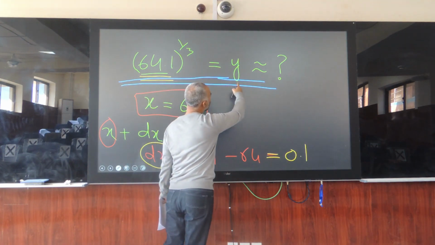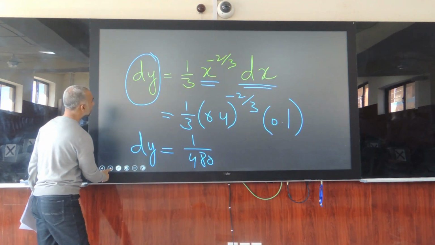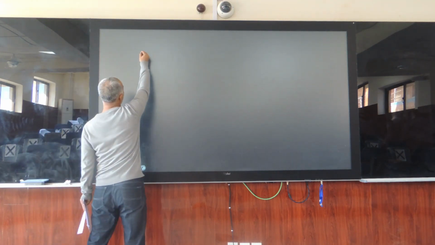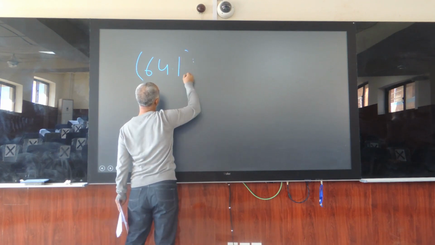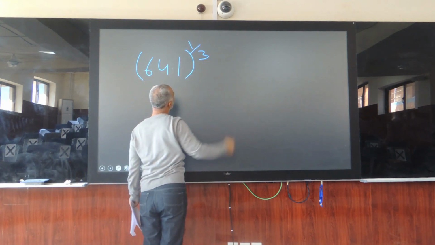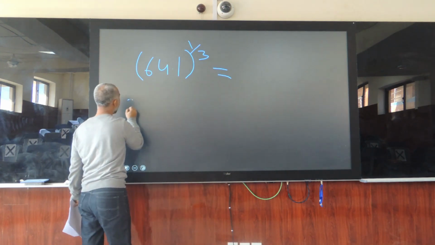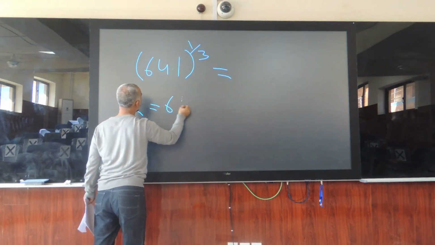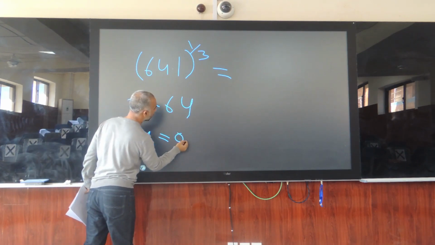So if we have 64.1 to the power 1 over 3, we supposed this x equal to 64, and we calculated dx equal to 0.1.